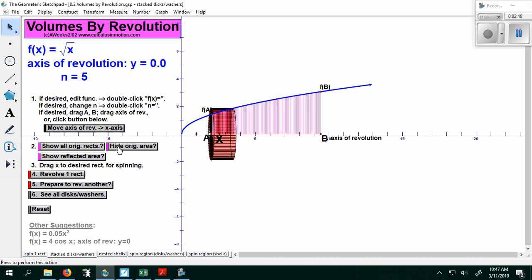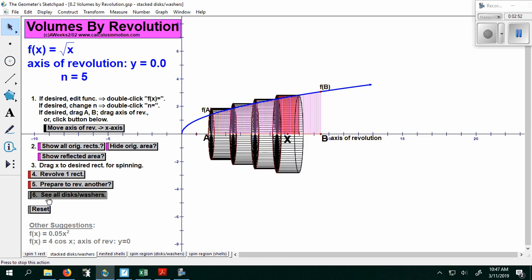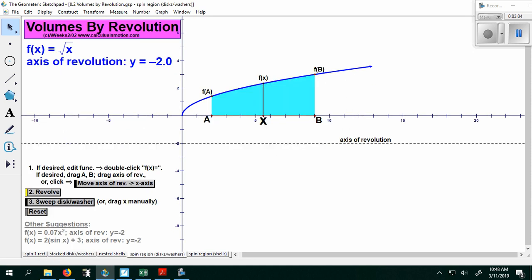Here's my whole area. I want to see all the disks here. It forms like a cake, right, that estimates the volume of the area being rotated around the x-axis. And here's what it looks like, not in estimate form, but the exact area revolved around the x-axis.